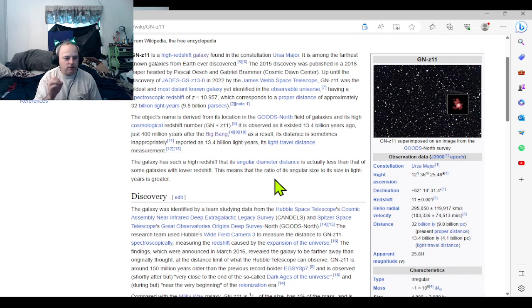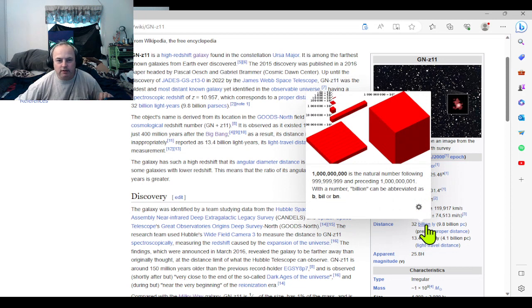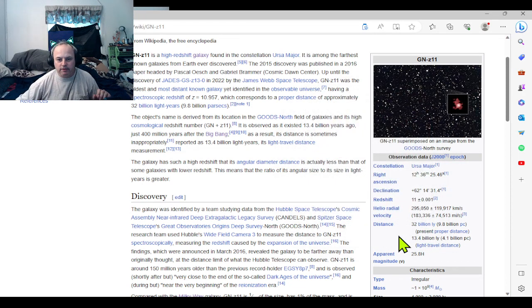In the Big Bang Theory, they're saying that all the things and all the galaxies began at one point. And that's totally false. It can't happen due to the dynamics of gravity and the thousands of light years? No, really, in the billions of light years. That is 13.4 billion light years away.